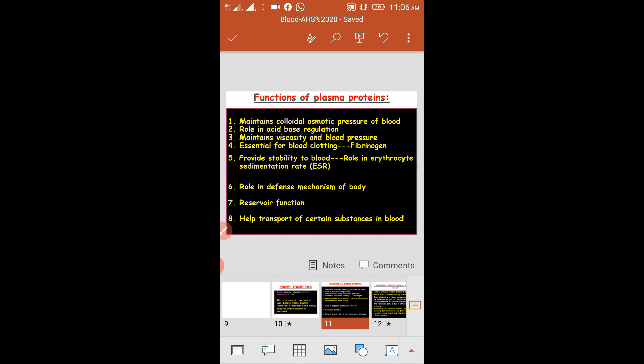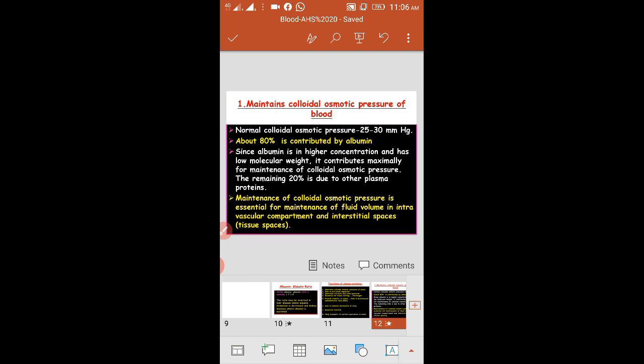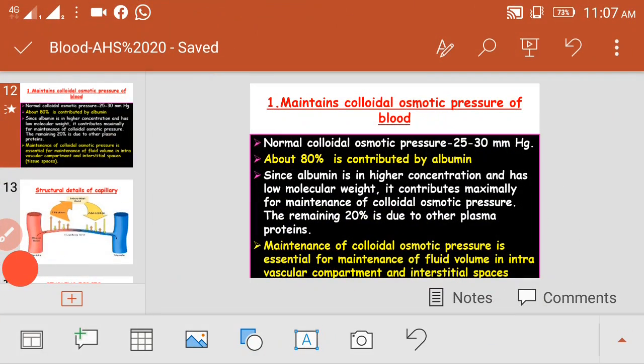Okay, the first one: maintain the colloidal osmotic pressure of the blood. It is mainly produced by albumin.